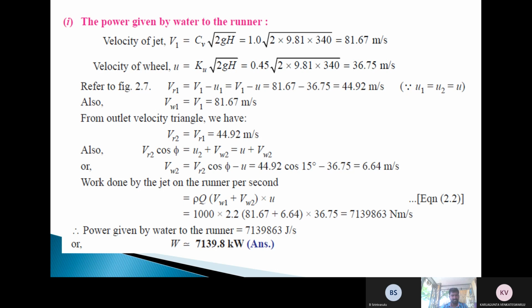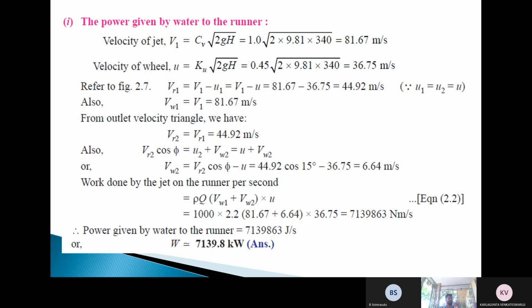From the outlet triangle, Vr2 equal to Vr1, that equal to 44.92 meter per second, and also Vr2 cos phi equal to U2 plus Vw2. Therefore, Vw2 equal to Vr2 cos phi minus U, that equal to 44.92 cos 15 minus 36.75, that equal to 6.64 meter per second.